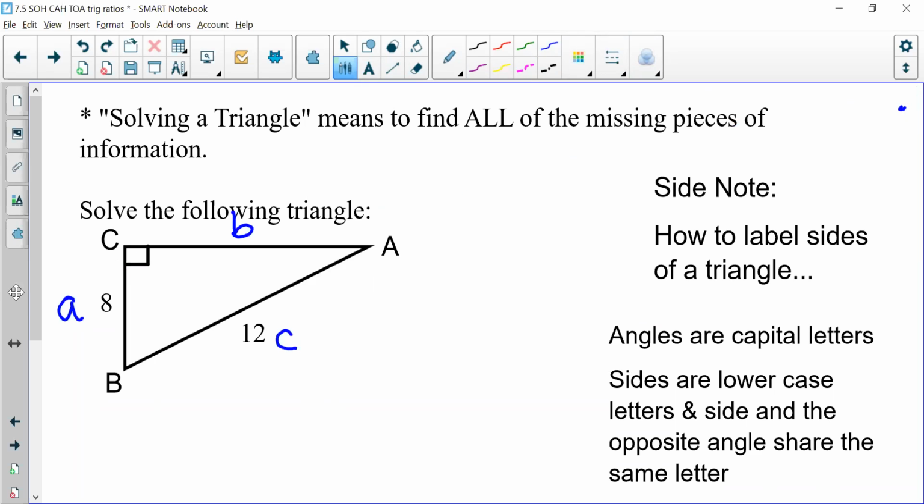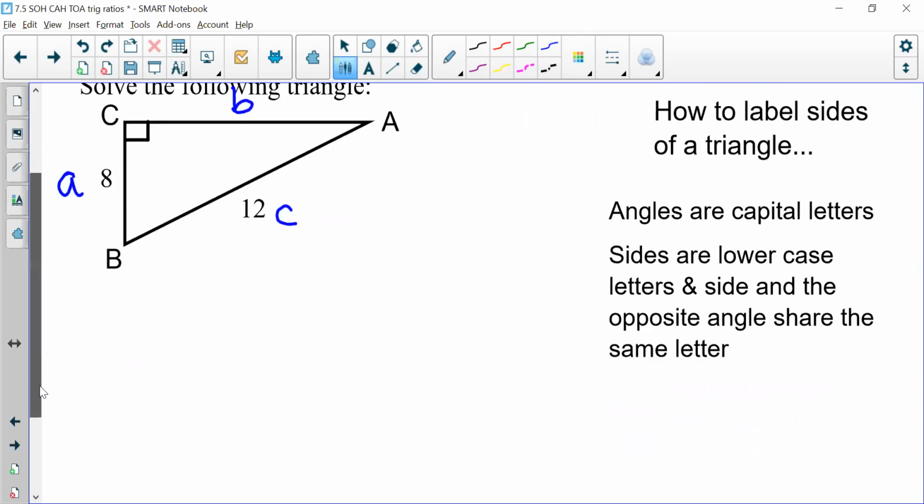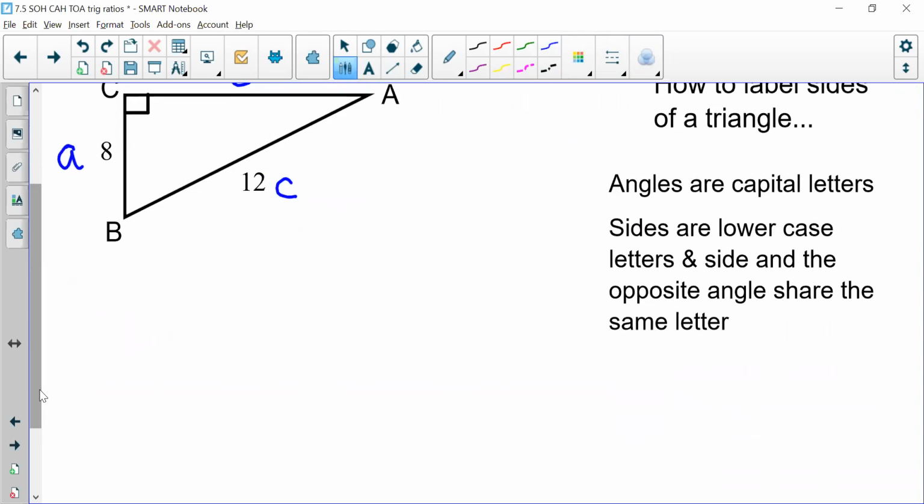You could start with any of the 3 missing pieces of information. It doesn't matter which one you choose, just look at what's missing and pick a starting point. So before we get started, I'm going to write down what we have and what's missing. So angles and sides. Okay, so what do I know? Do I know angle ABC, side ABC?